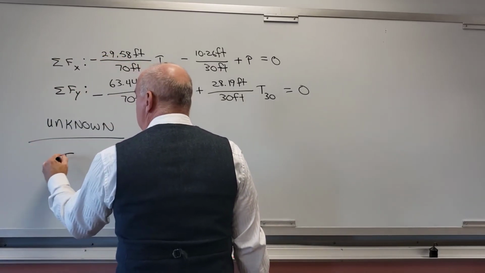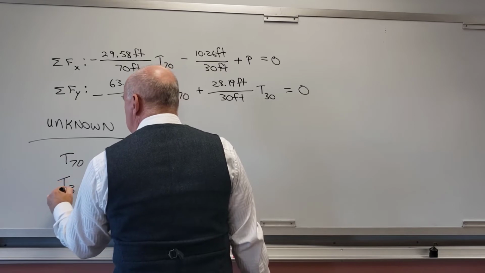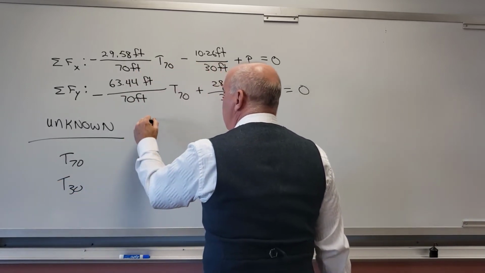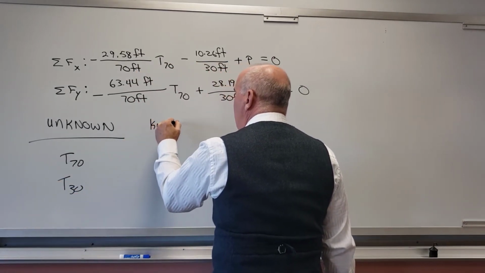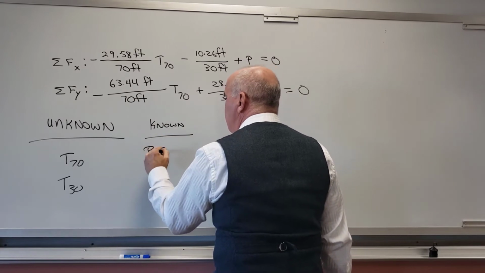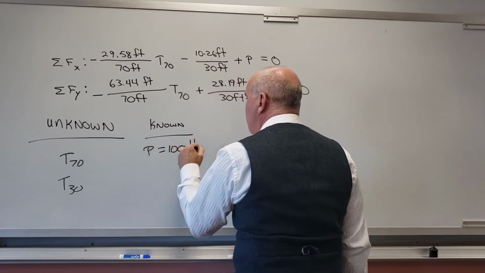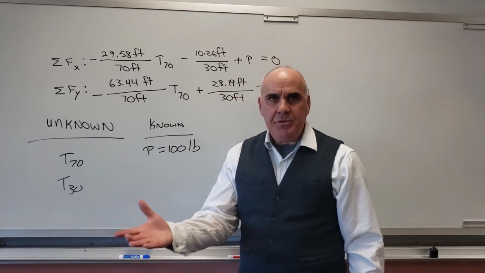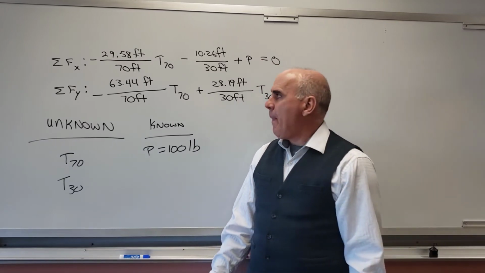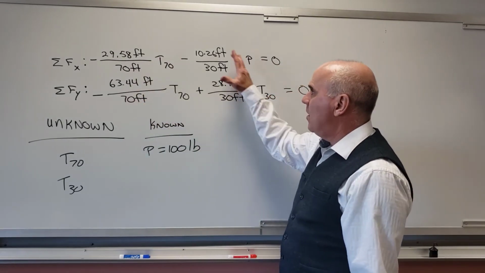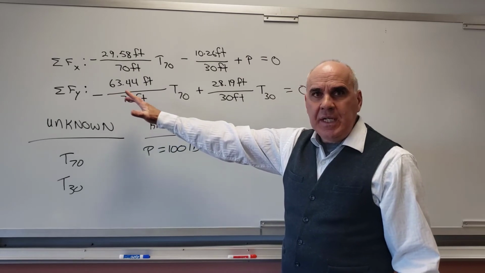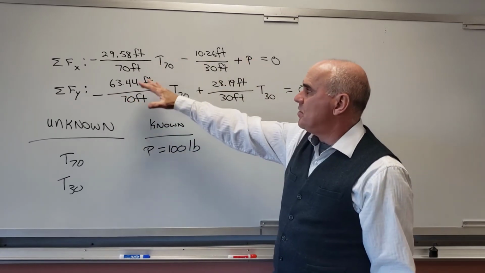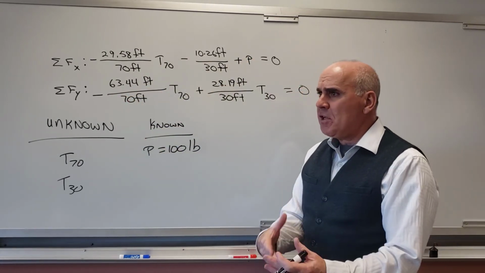All right, so my unknowns are T70 and T30, and I'm going to designate P to equal 100 pounds. So what do I have? I have 2 equations and 2 unknowns. You can put that into a calculator and figure out what those are as far as decimal places.